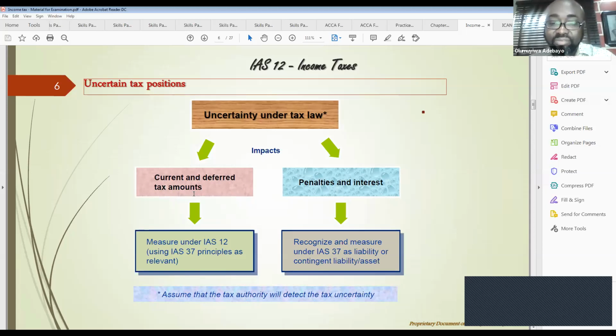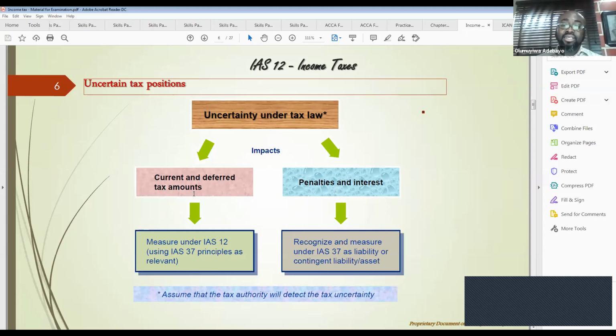The implication is that when you have under-provided for tax last year, the amount so under-provided will have to be considered as an addition to your taxes for this year, which means that adjustment will be deemed to have occurred this year and not retrospective, which means it's prospectively adjusted for.